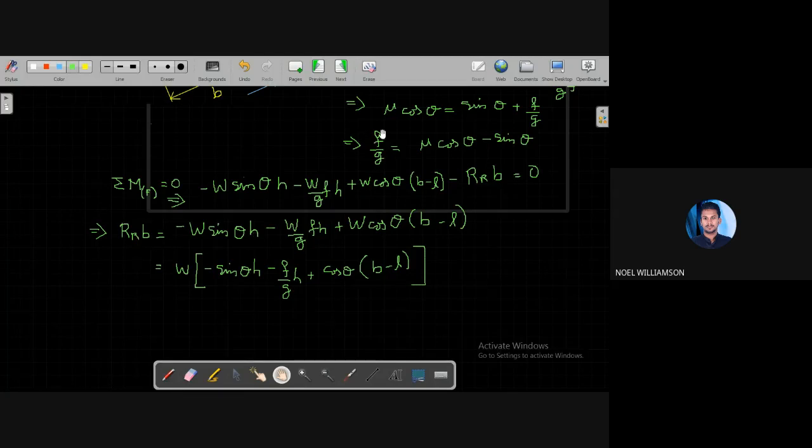Now you already have the value for F by g as mu cos theta minus sin theta.